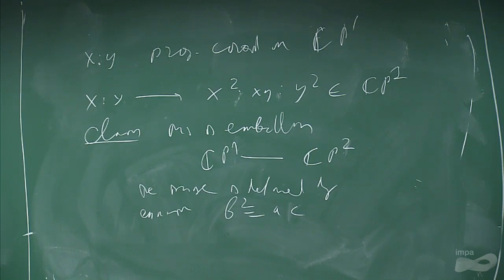Okay, a quadric in CP^n, where the space is C^(n+1), is a subvariety given by g of x equals 0.